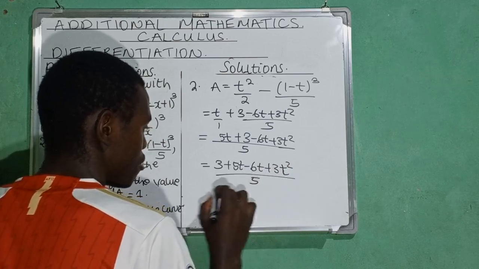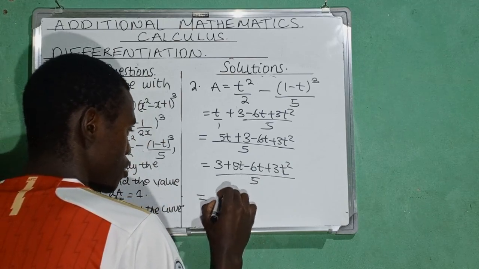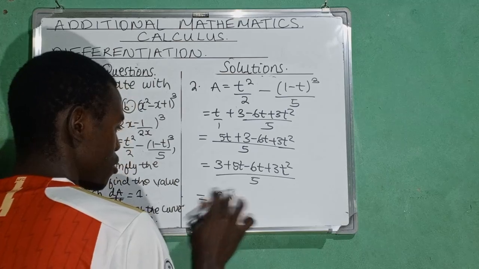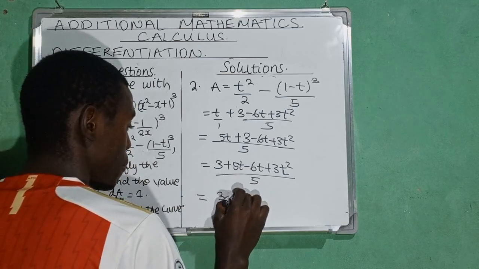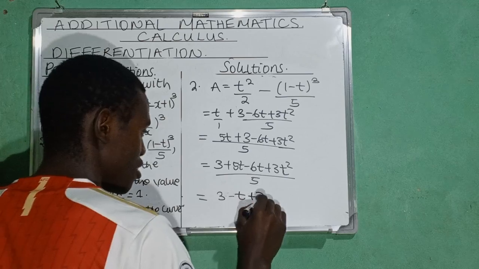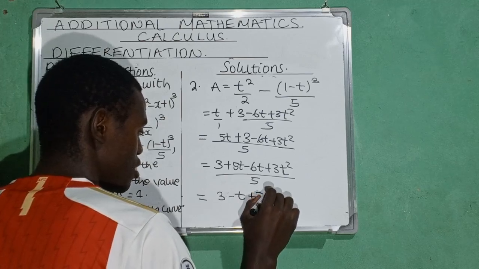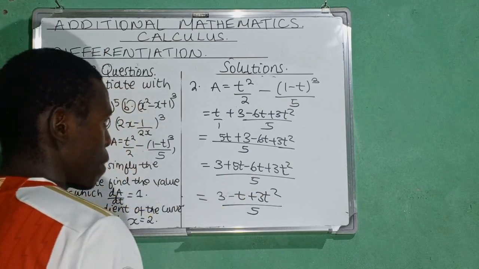Divide by 5. So 5t minus 6t is going to be minus t. 3 minus t plus 3t squared, divided by 5. Okay?